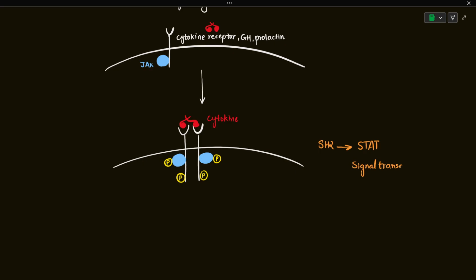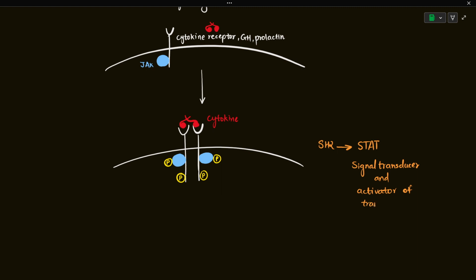The signal transducer means this is the protein which is going to perform the transduction of signal, meaning the relay of signal downstream, and it is the activator of transcription.